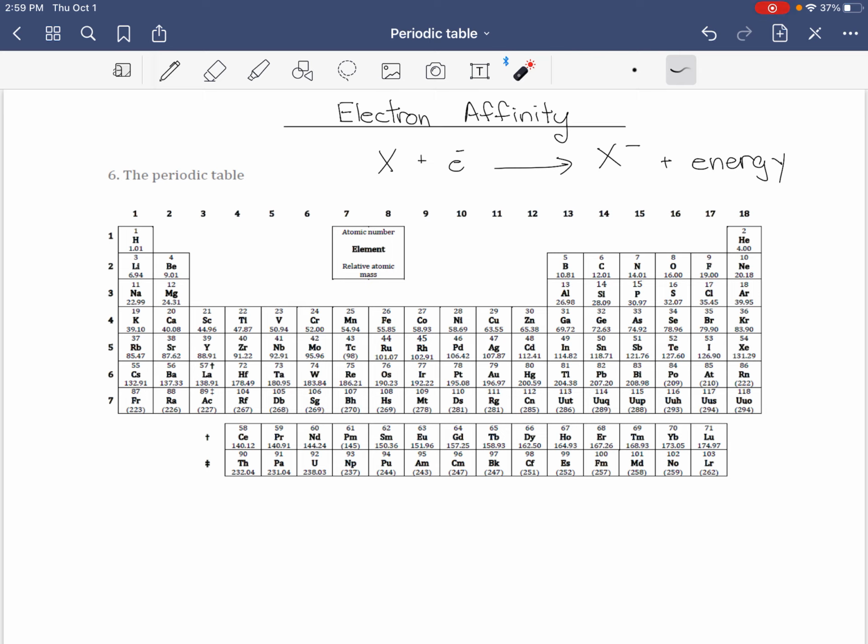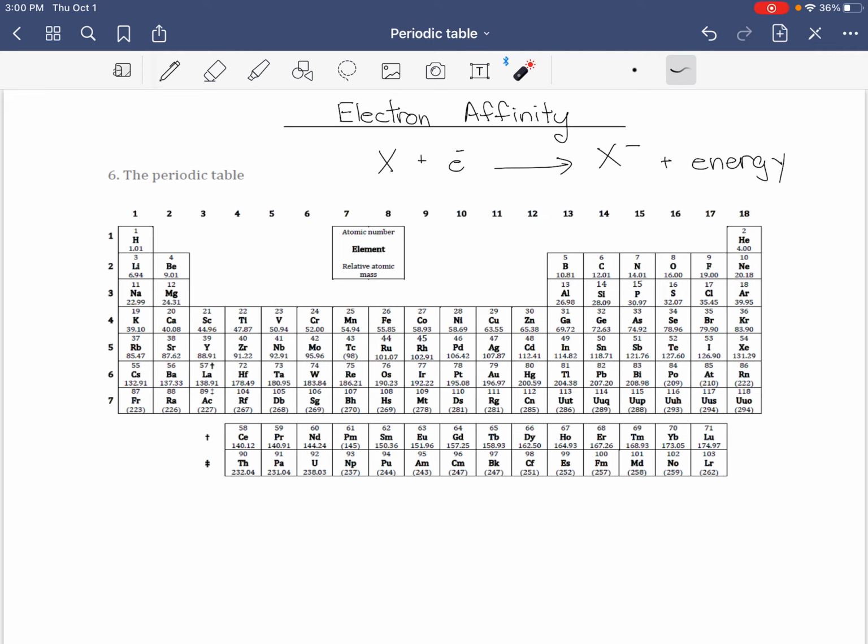Nature favors exothermic, meaning that the release of energy is what nature favors. Anyway, we'll talk more about that when we get to topic 5. But in the meantime, the trend here is this: the more likely an atom is to gain an electron, the more energy it will release.